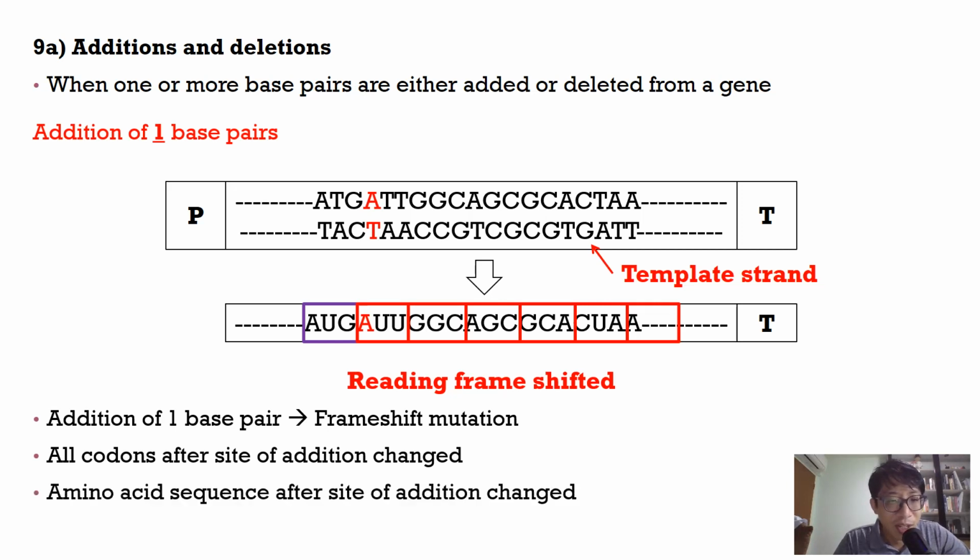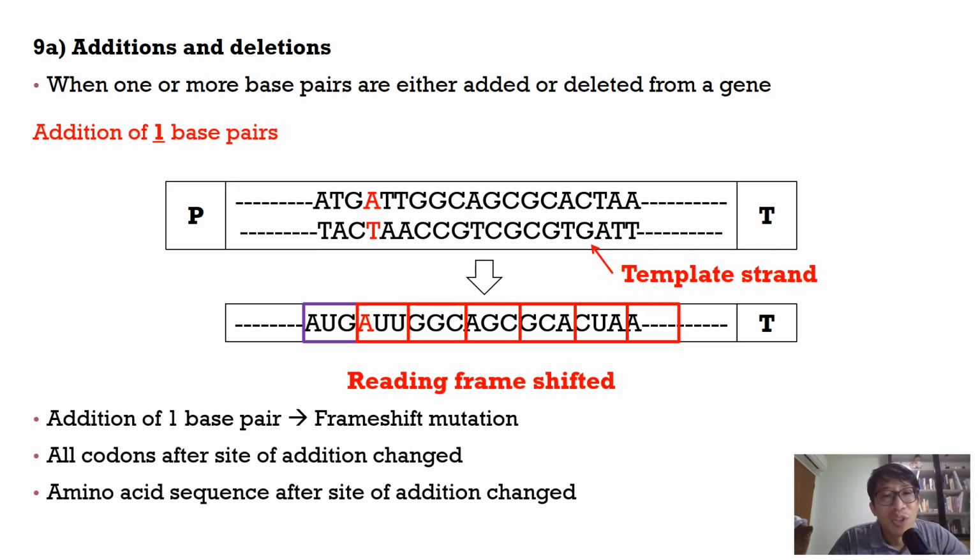Same for deletion, all right? If nucleotides are deleted, either 1 or 2 even, then the nucleotide sequence of the mRNA would be shorter, and then the reading frame would change also. You can imagine that yourself. Okay, so the basis is that if additions or deletions are not in multiples of 3, then that would cause frame shift.